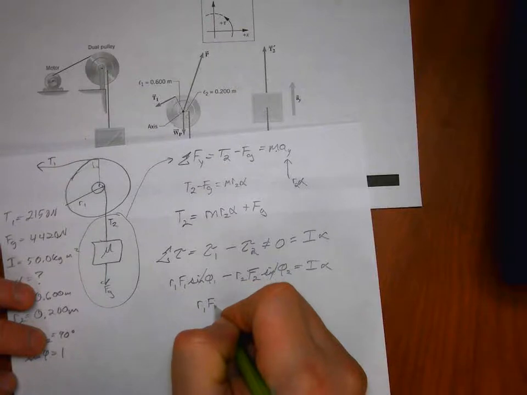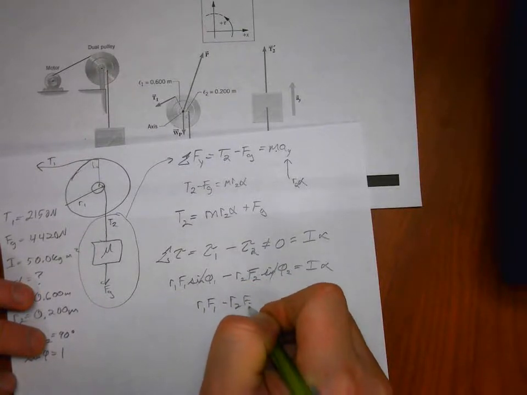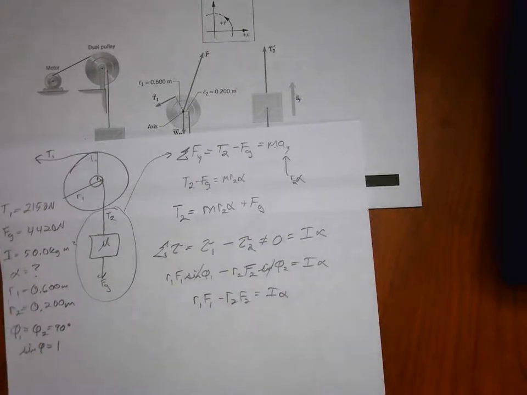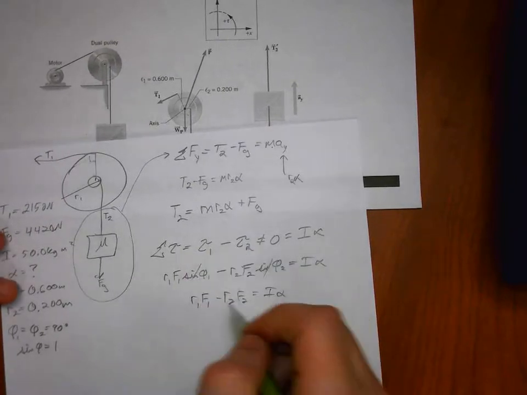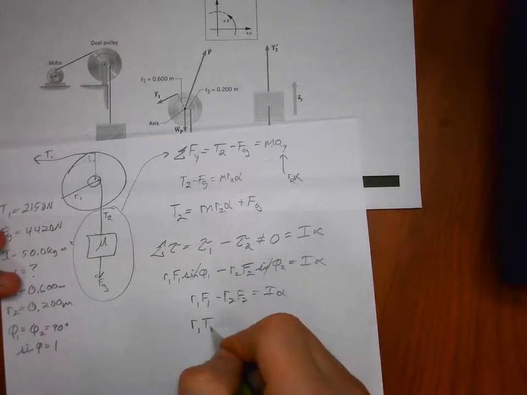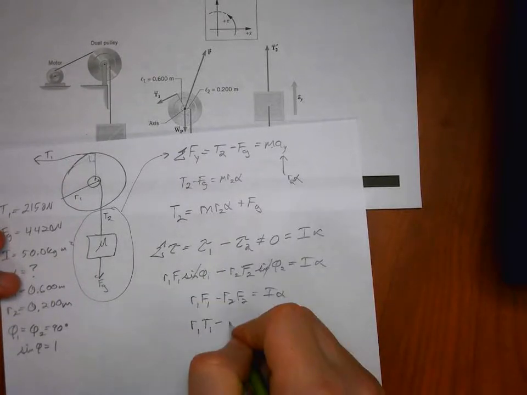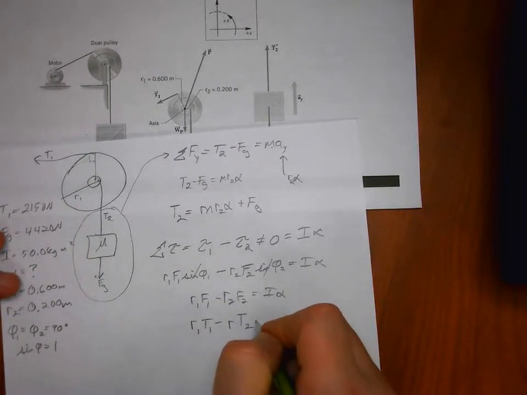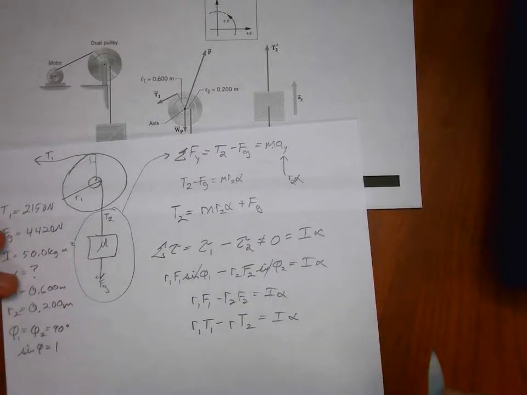So R1 F1 minus R2 F2 equals I alpha. And F1 is just the tension 1, minus R2 tension 2 equals I alpha.